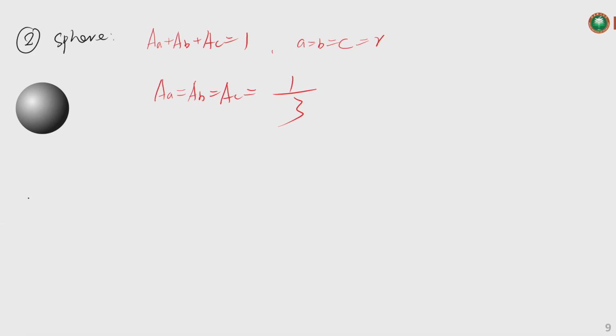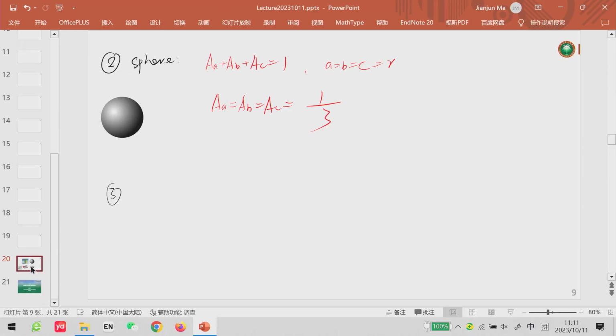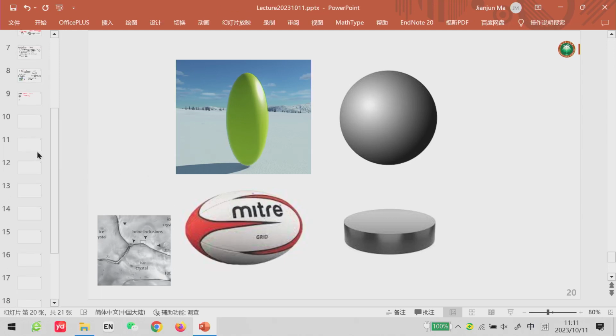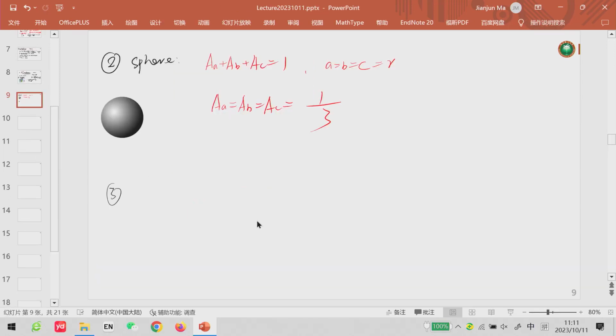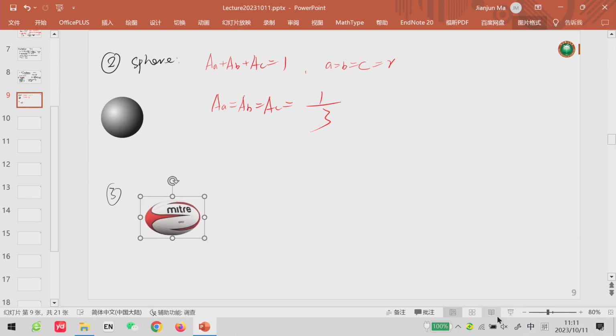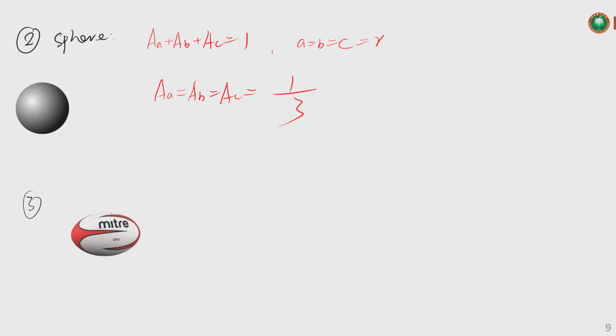Also, if we squeeze it further, then it becomes like this.